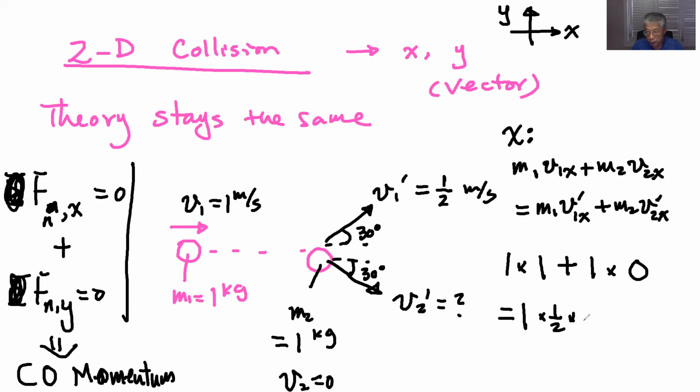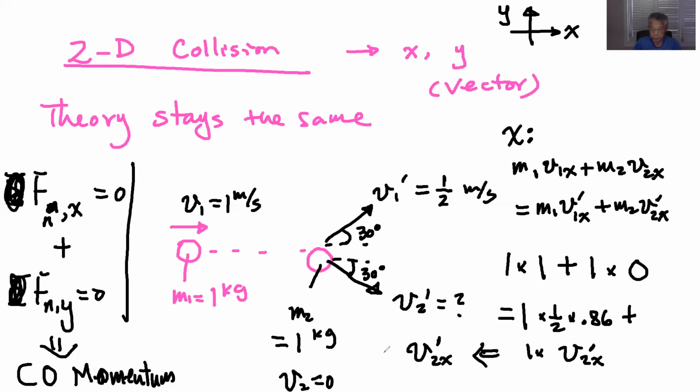So cosine 30 degrees is 0.86, right? And then plus m2, which is 1, times v2x prime, okay? So from here, you can find out what V2x prime is, so you can solve for V2x prime.